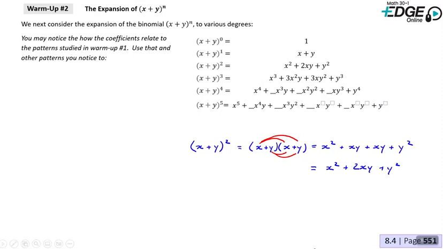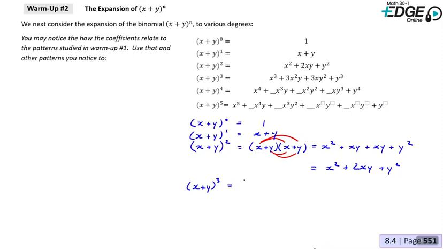Okay. Now, I'm going to take for granted that you know right away that x plus y to the 0 is just 1 because anything to the 0 makes 1. And I take for granted that you're okay that x plus y to the 1 is just x plus y because something raised to the power of 1 is just itself. But how would you determine x plus y to the power of 3?